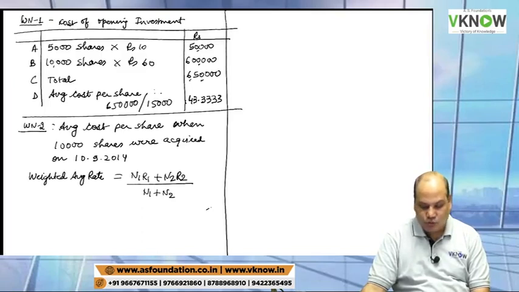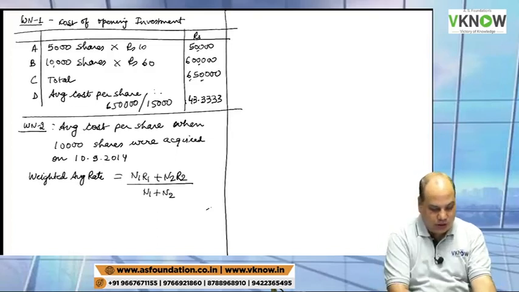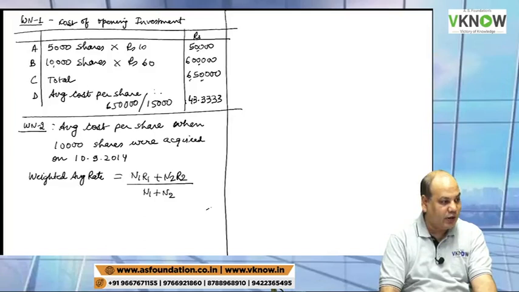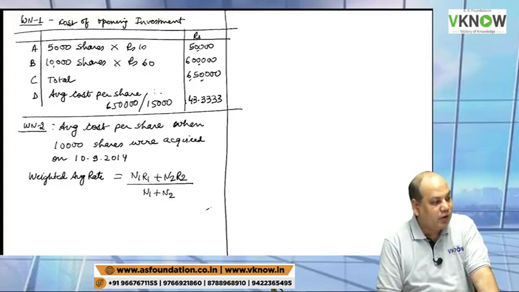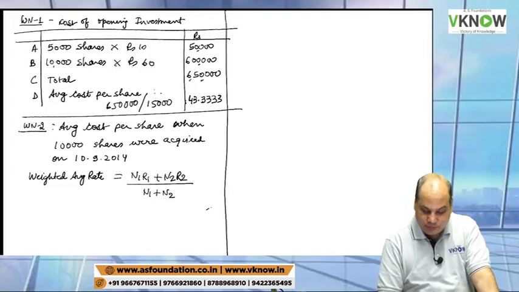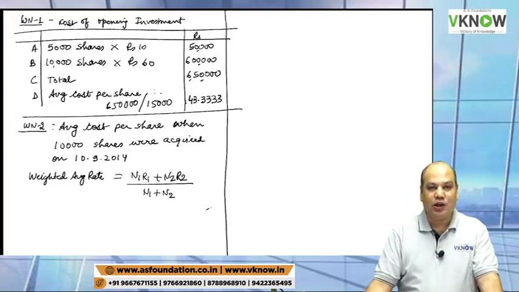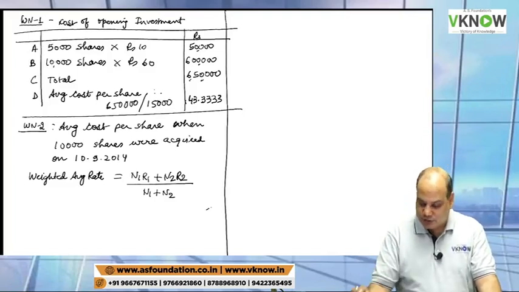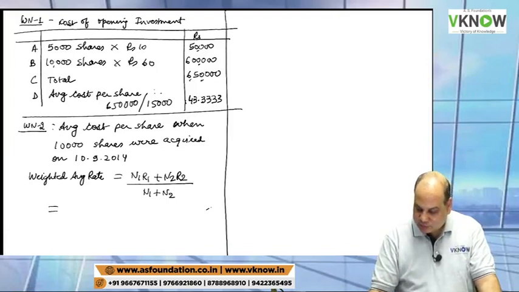Students are saying 54. Let me check. I can't guarantee whether 54 is right or not. This is what students generally answer. I need to calculate. Yes, so I am calculating now.